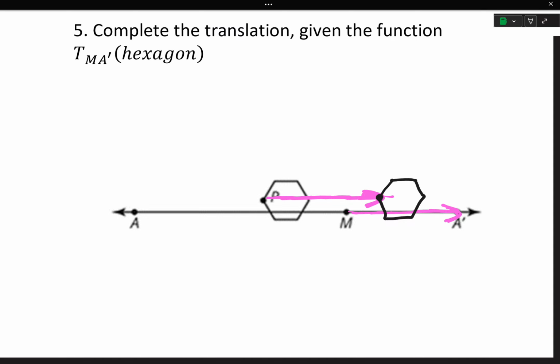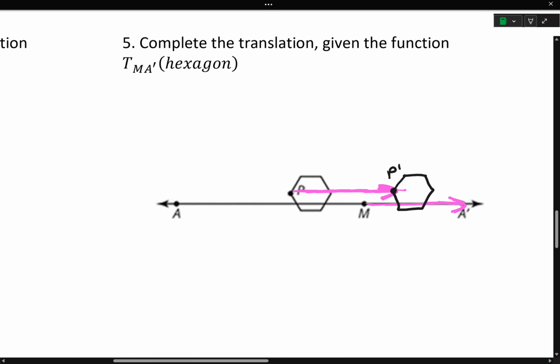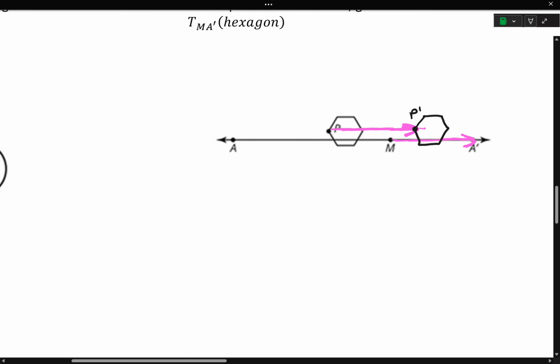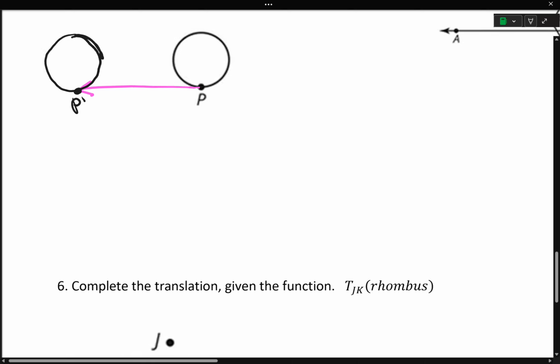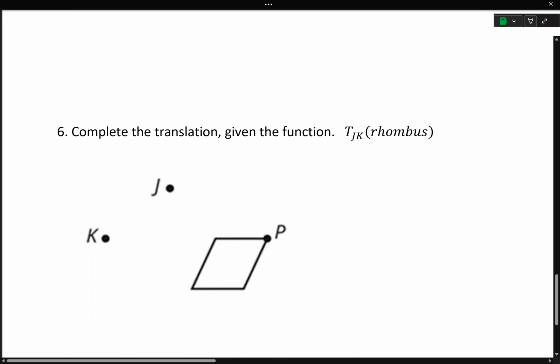There's our new hexagon, and I'm going to label this point P prime. So I took the hexagon and I moved it to the right, which is the direction of MA prime, and it's the same distance of MA prime. Now, when I do this by hand and you do this by hand, our distances might not be as accurate, but we'll eyeball it the best we can.